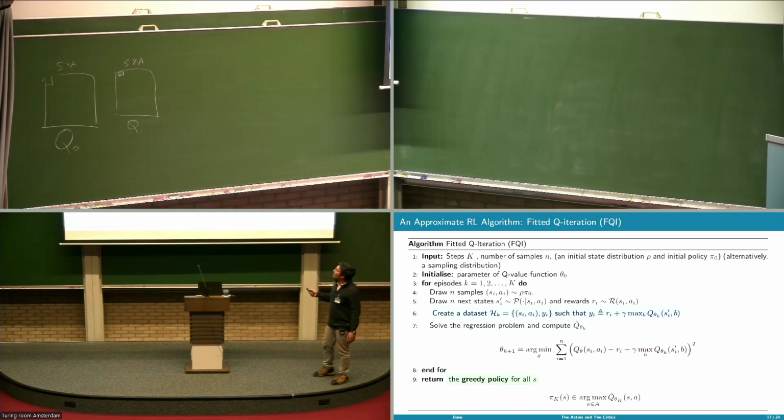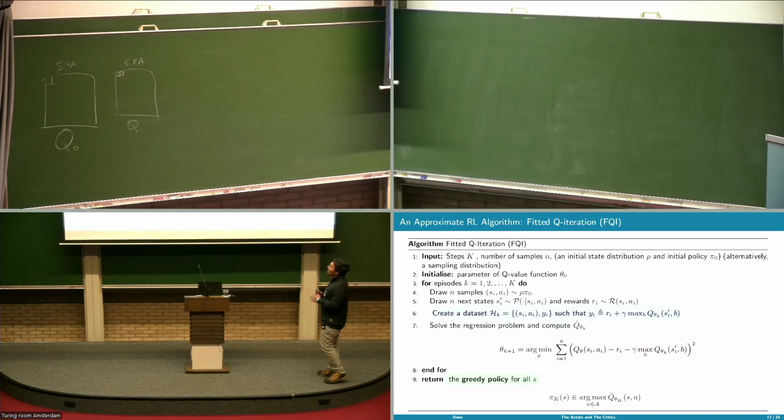You sample lots of states and actions, apply the transition function to get next states, and apply the reward function to get a sample of the reward. You start with this data set of S, A, S prime, and R.